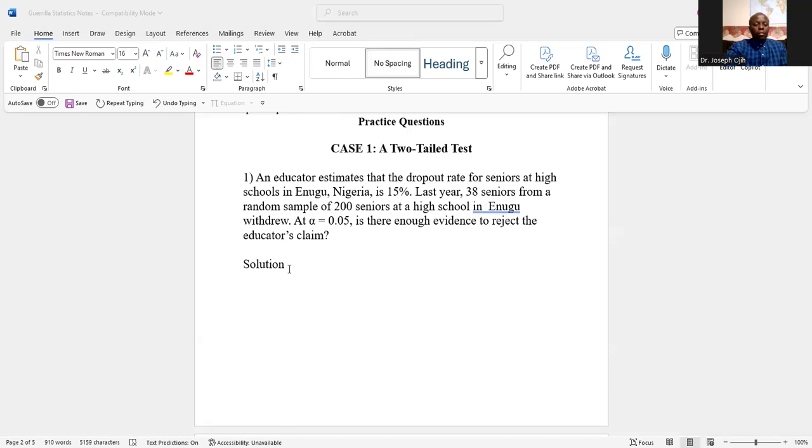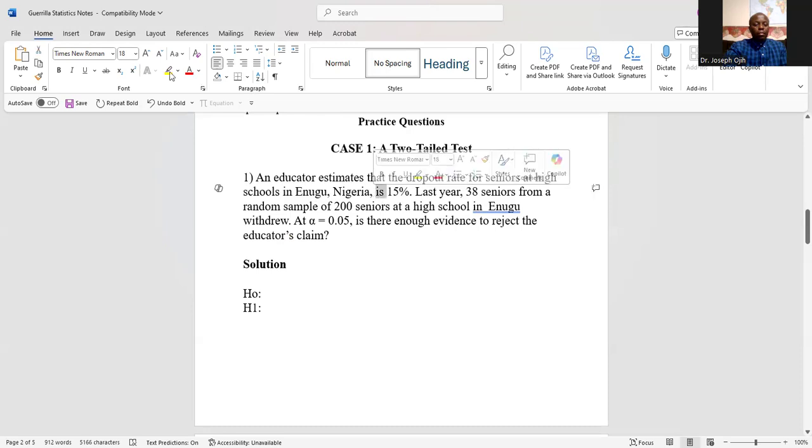Let's solve this. First thing is to state the hypothesis. Identify our claim, H0 and H1. He said that an educator claimed that the dropout rate for seniors at high school is, see this keyword there, is.